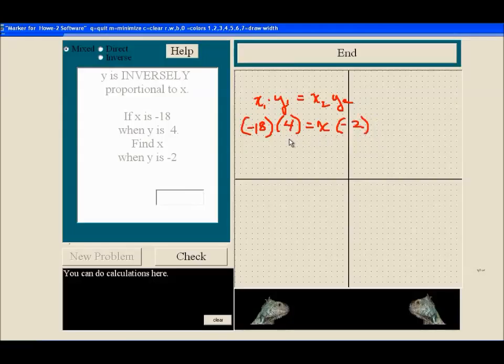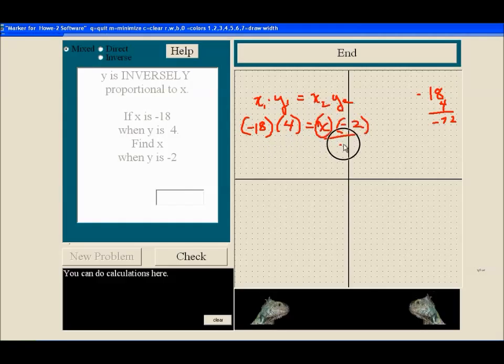So, looks like our constant here would be 4 times 18, 4 times 8 is 32, negative 72. Oh no, it'd be 72. I think.